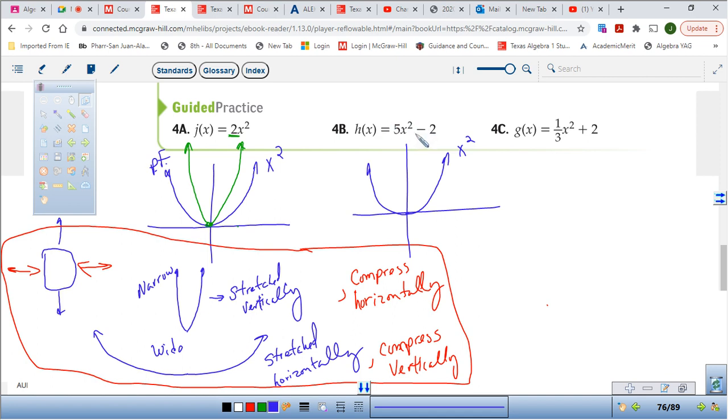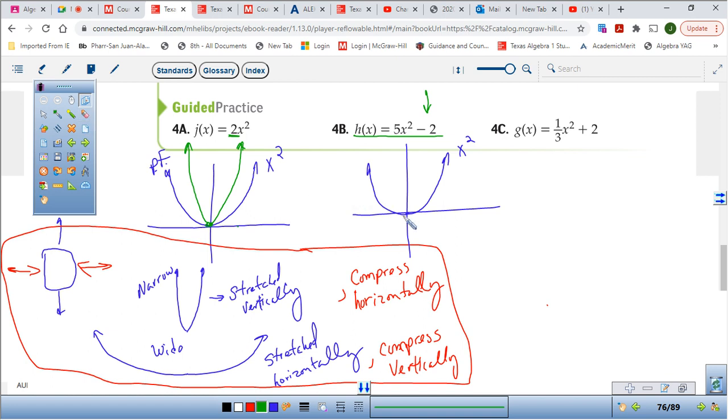Give me something, guys. Anybody know anything about this one? And I'll do it in green too. Does anybody know what this one does over here? What this -2? Let's start off real simple. What does that -2 do?